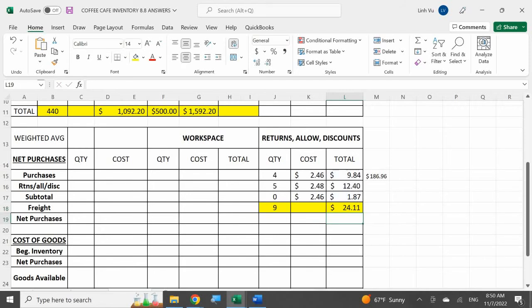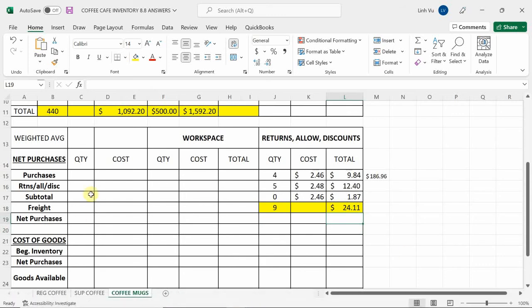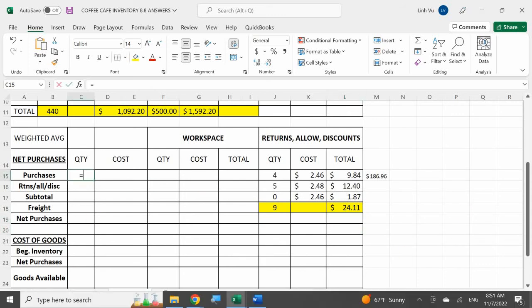$7.40. Do that calculation again. How did you get $7? Oh, okay, all right. I calculated the wrong thing. Okay, 24.11. So let's fill in our little thing here.